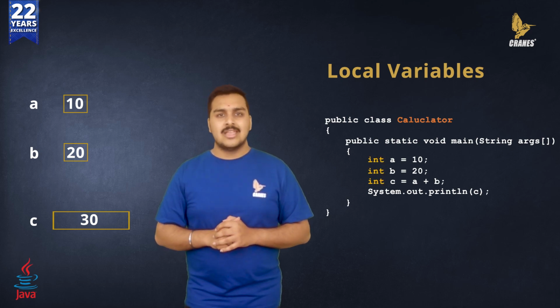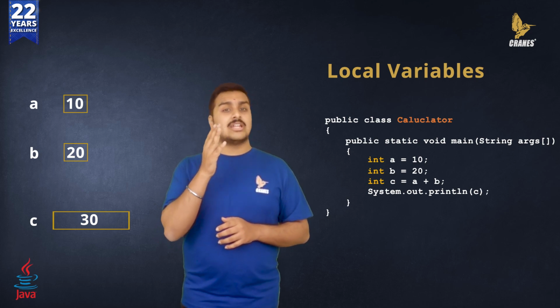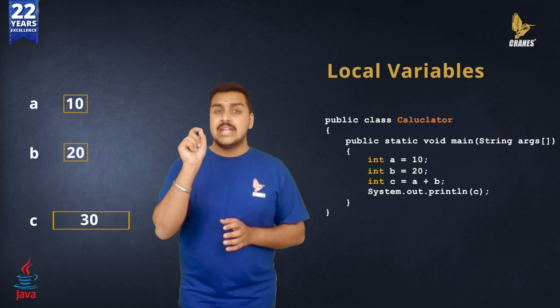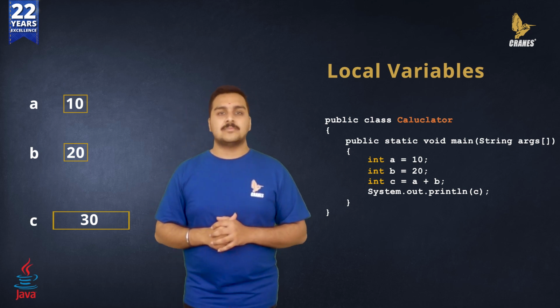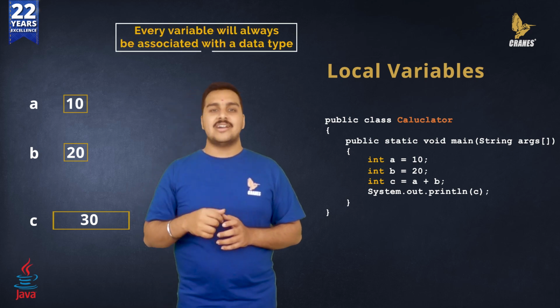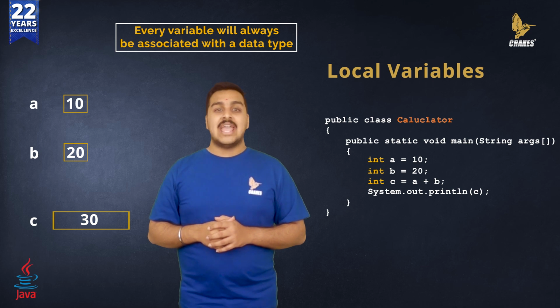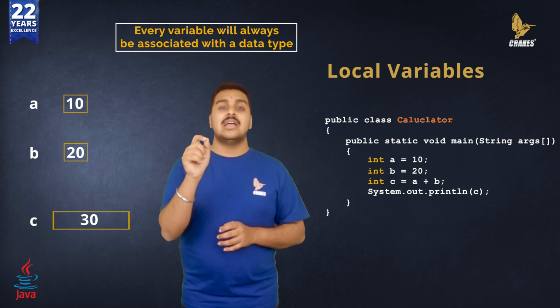What is that int? It is telling us that whatever variable you have created is going to contain data of the type integer. I want you to remember this note: any variable will always be associated with a data type.